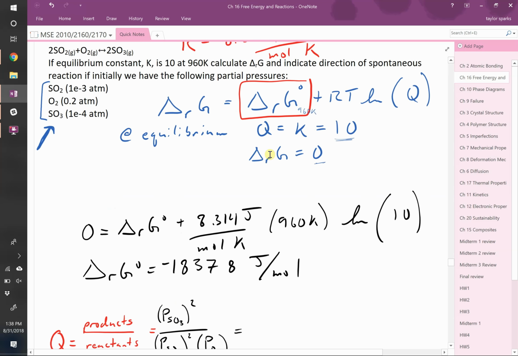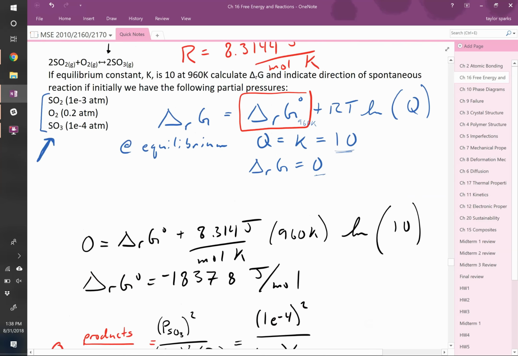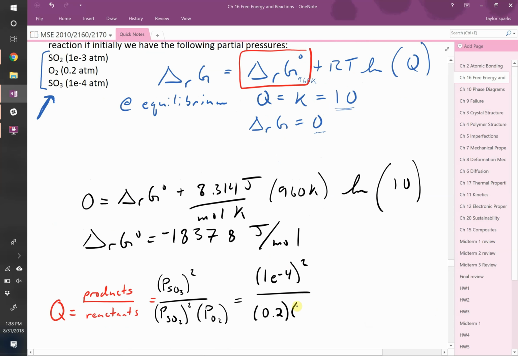SO3 is 1e to the negative 4, that's squared, divided by 0.2, divided by 1e to the negative 3. What number do we get for that? 0.05, I think that might have been it. 0.05? So double check the math on that if that came out wrong.